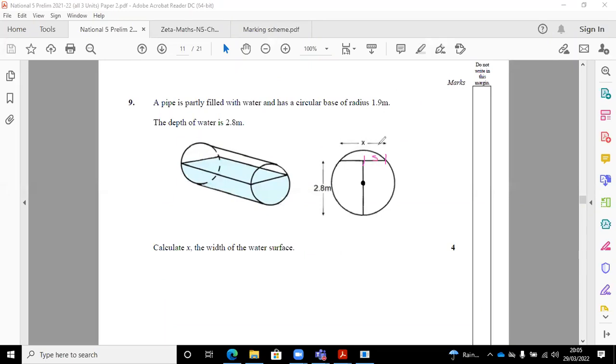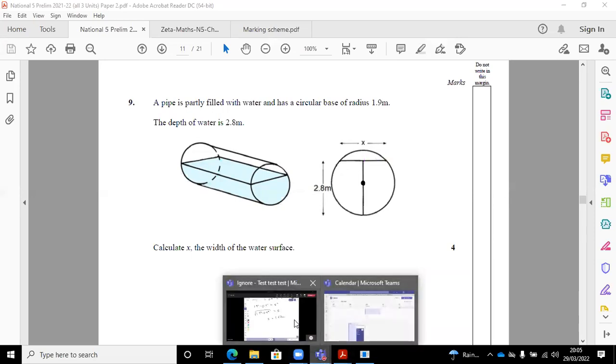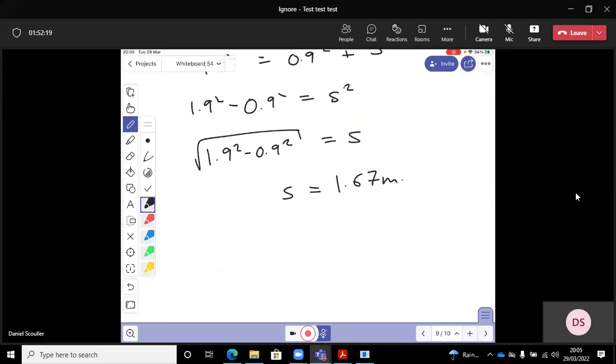That full length is just double S, so we're just multiplying it by 2. So the width is 3.34.